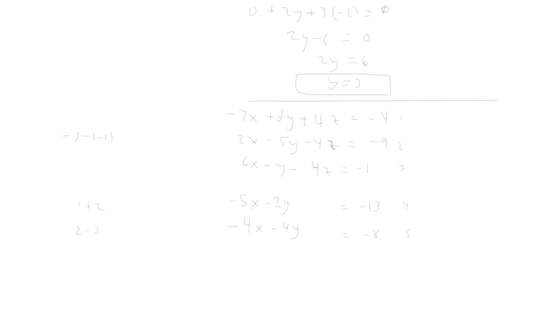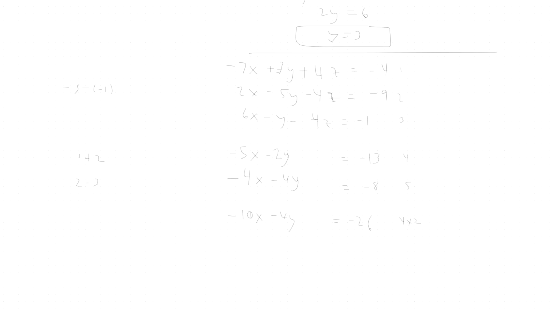So we can go 4 times 2. 4 times 2 is -10x minus 4y equals -26. And then just rewrite number 5.